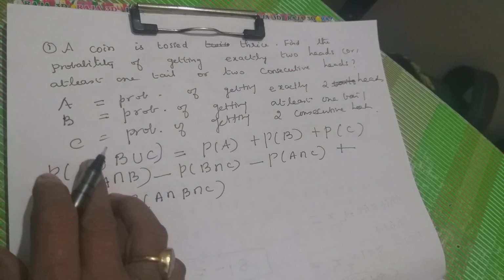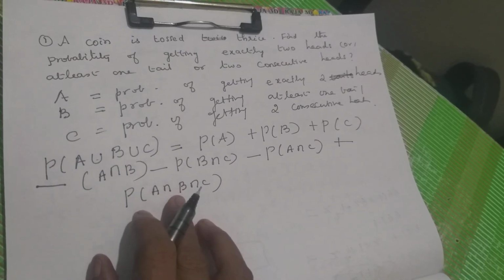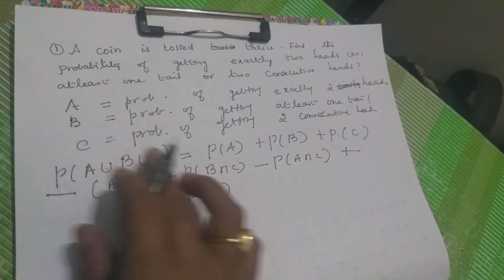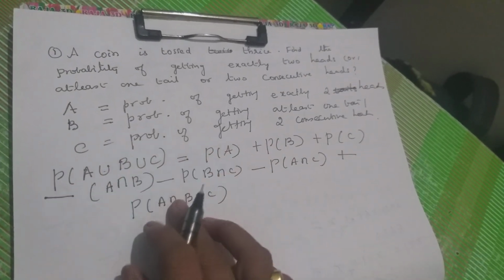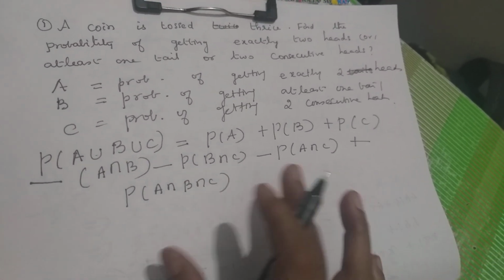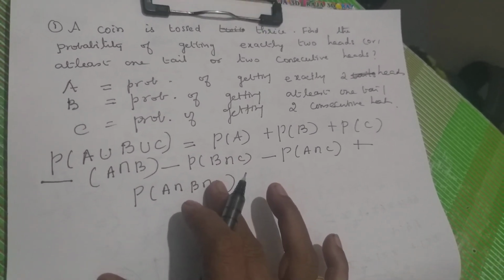Sometimes if they ask for A intersection B intersection C, you can take it as the LHS, same formula, but in the end A union B union C will come here. So no need to memorize the formula.